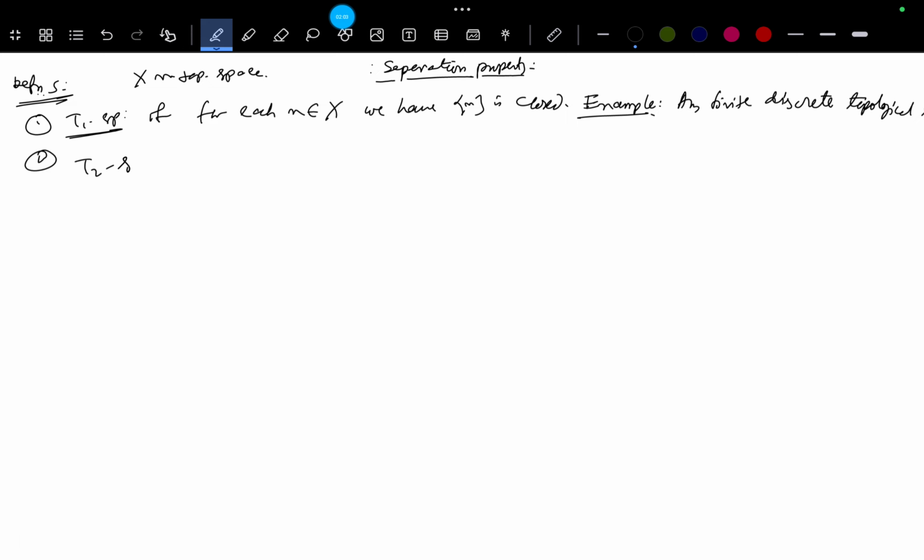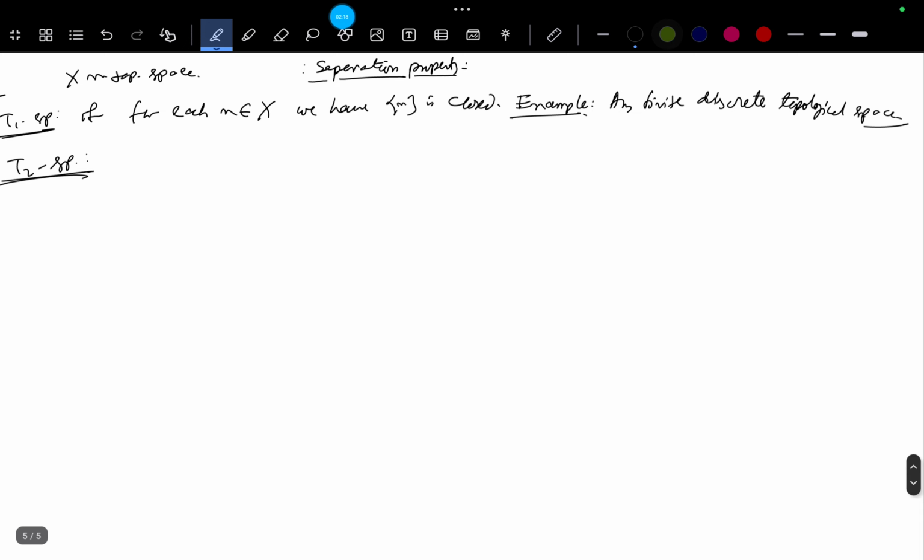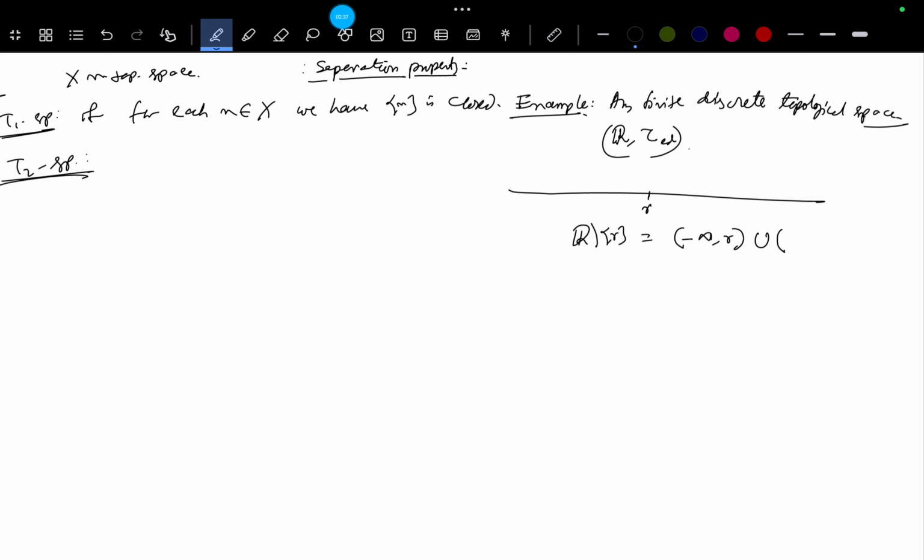Or we can consider, let's say, R with the normal Euclidean topology. If we consider here my real line, here is my small r, then capital R minus the singleton {r} is nothing but minus infinity to r union r to infinity.